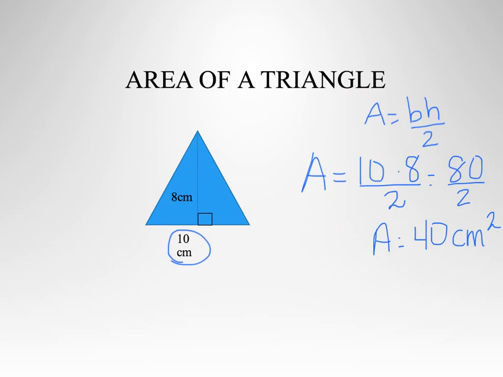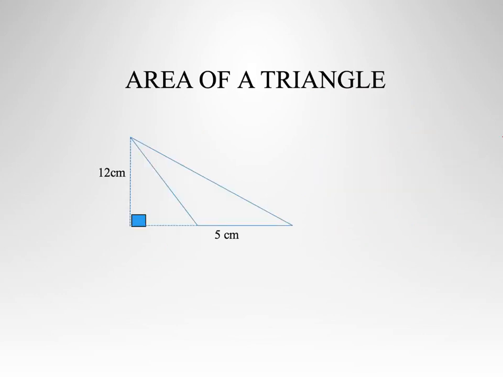squared. Okay, the last one again, area equals base times height divided by 2. And notice that this is our triangle. And my base is going to be the 5. And we're going to multiply that by the 12 because remember, we've got to go from the tip top point straight down.